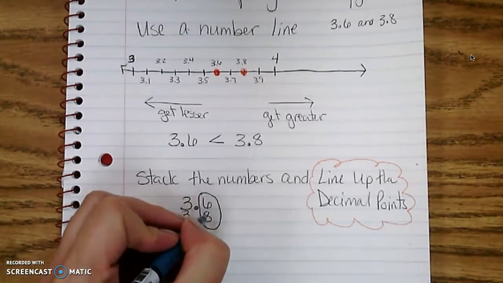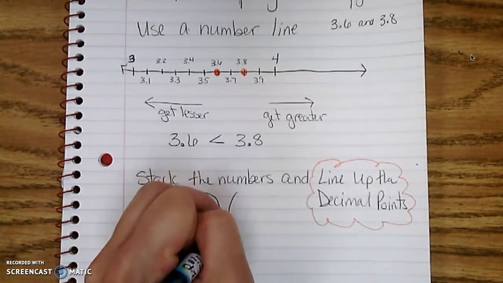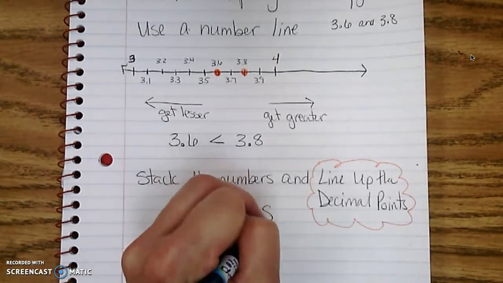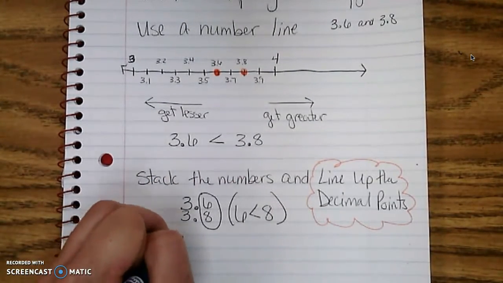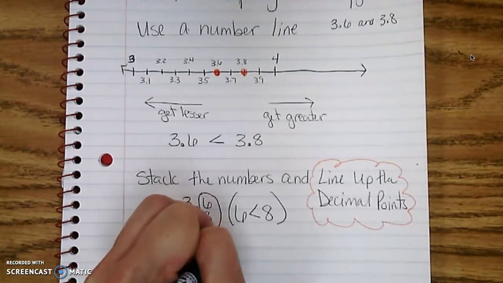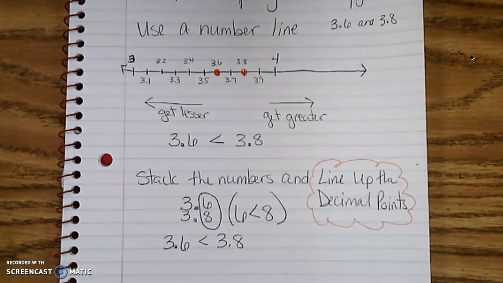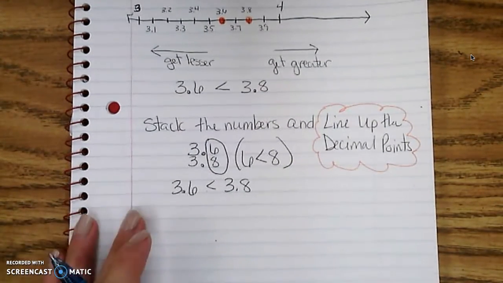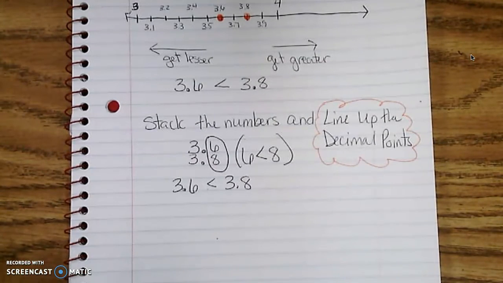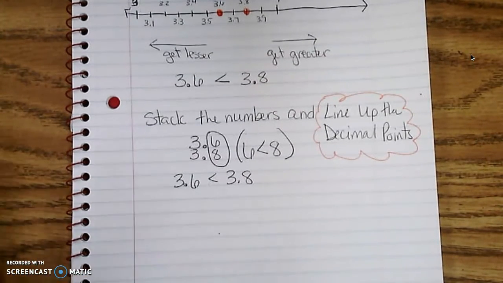Since 6 is less than 8, then 3 6/10 is less than 3 8/10. We could also compare with base 10 blocks if they gave us pictures to shade, but those are very hard to draw, as we learned in earlier lessons, so we wouldn't typically do that.